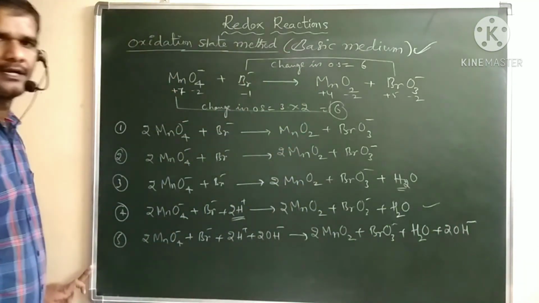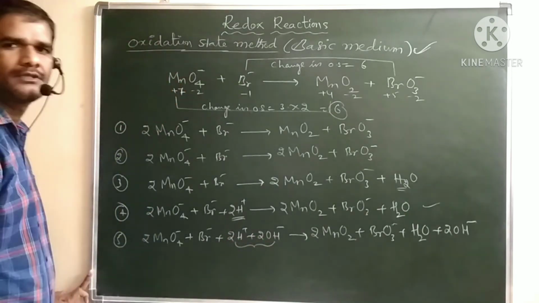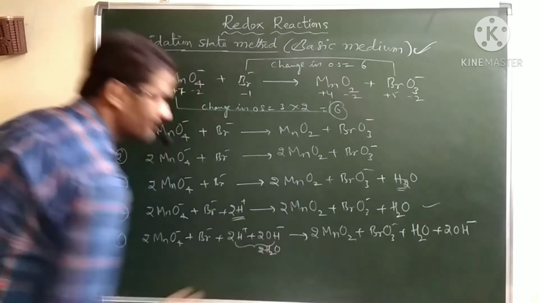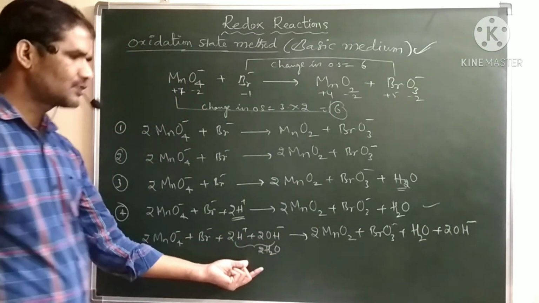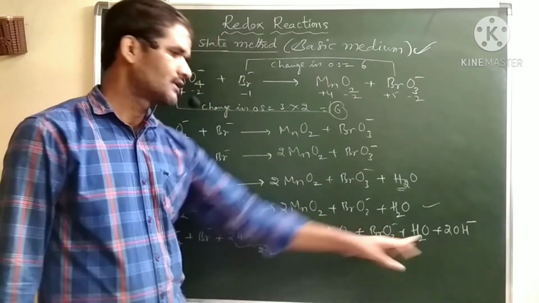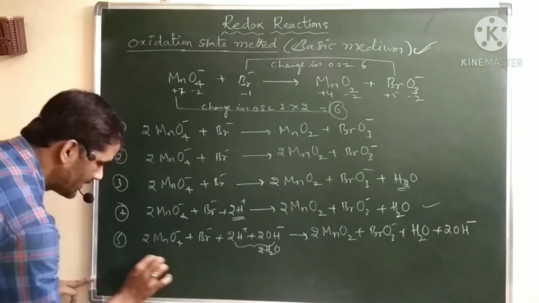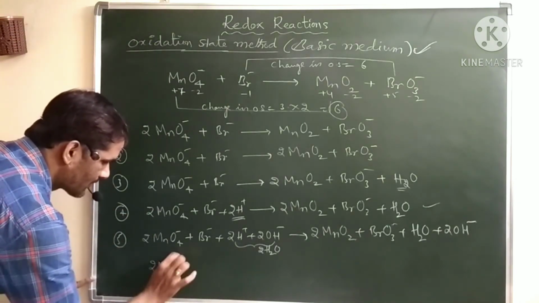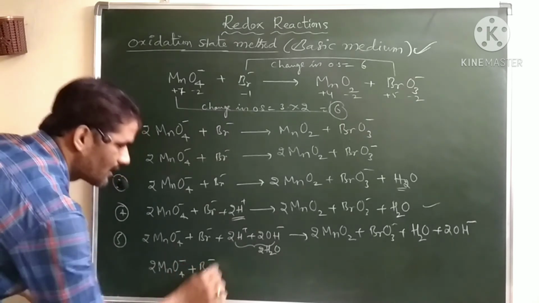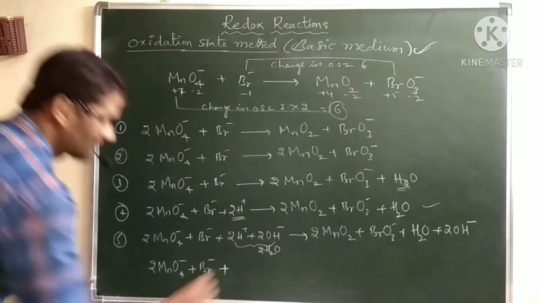So now we have added. Now see here H plus and OH minus, what will it give? 2 water molecules. Now in the reactant side 2 water molecules, and the product side 1 water molecule. Just subtract that 1 water molecule from the reactant side. So we will get the overall equation here. 2 MnO4 minus plus Br minus, and from 2 waters now we are subtracting 1 water molecule.